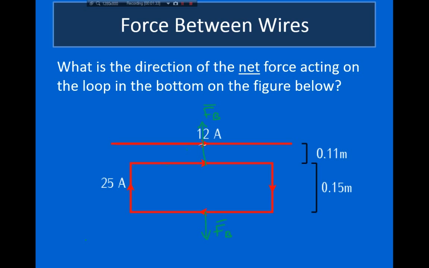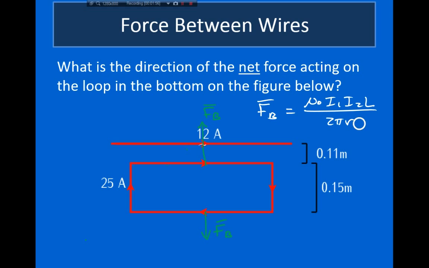So now the direction of the net force acting on this loop is going to depend on which of these two forces is greater. We found on the previous slide that the magnetic force exerted on a wire is equal to mu naught I1 I2 L divided by 2 pi r, at least when the wires are parallel, so we don't have to worry about that sine theta term.